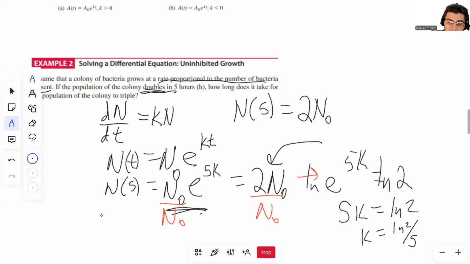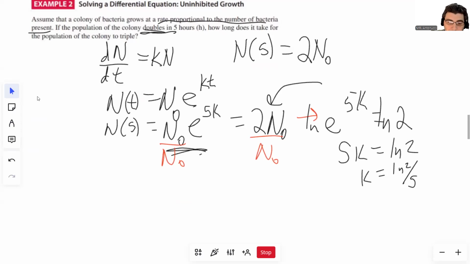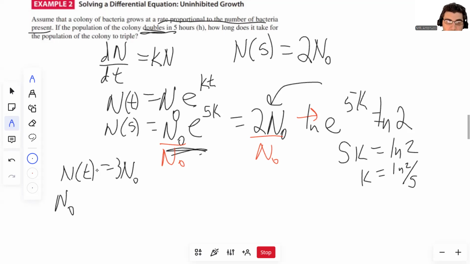Now, we still don't know the initial amount present, but the question wants to know how long does it take for the initial amount to triple? So that's basically saying, well, when is N of t equal to 3 times the initial amount? All right, so N of t is N naught e to the kt. That's going to equal 3N naught.